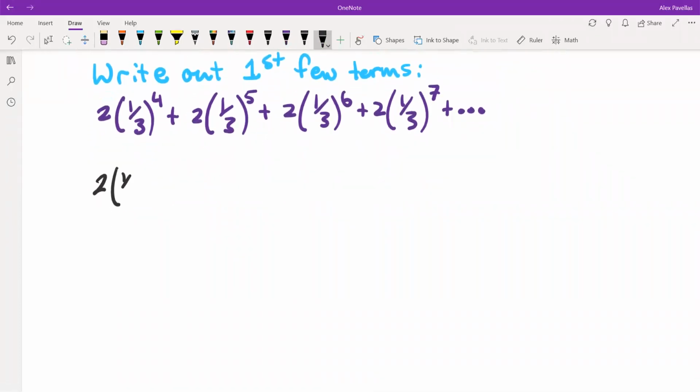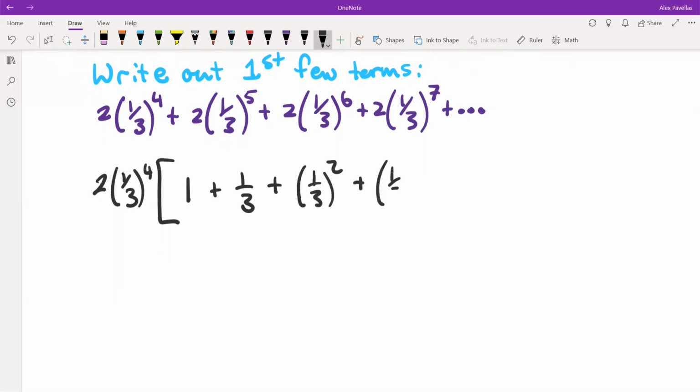So 2 times 1/3 to the 4th times brackets. Well, the first term, after we divide that off, becomes 1. The second term becomes 1/3. The third term, well, n equals 0 would be the 1, n equals 1 would be the 1/3, n equals 2 would be 1/3 squared, and then the next one would be 1/3 cubed, and so on.